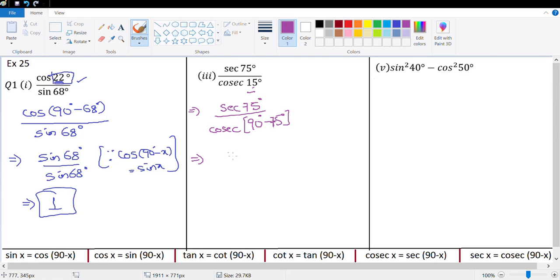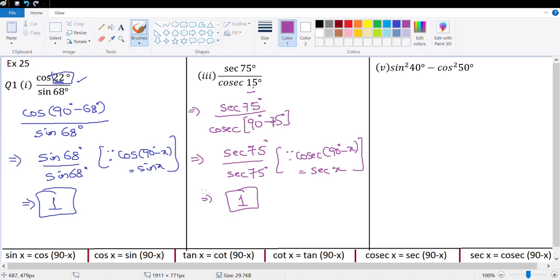So this can be written as sec 75 degree upon sec 75 degree. Reason for this, since cosec 90 degree minus x is equal to sec x, which is the same numerator and denominator, so the value is 1.